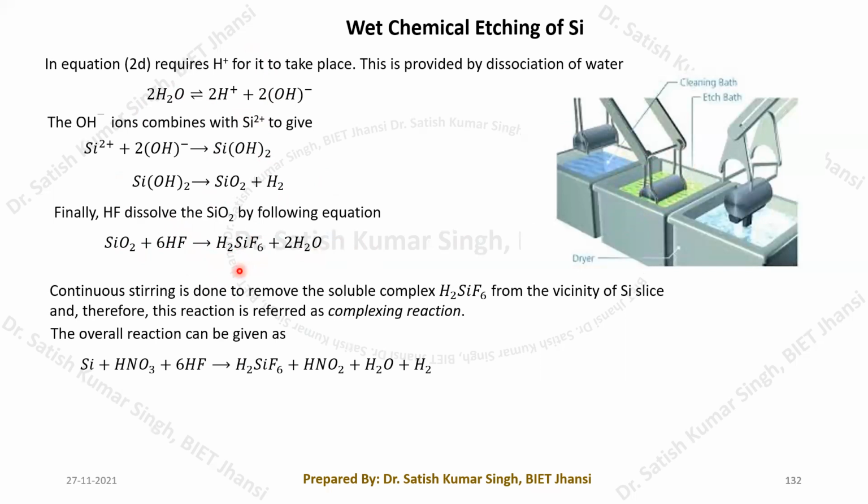The overall reaction is given by this equation: silicon plus HNO3 plus 6HF, liberating hydrogen and some water, and HNO2 is the byproduct, which can be removed. So this is the overall reaction of our wet chemical etching process.